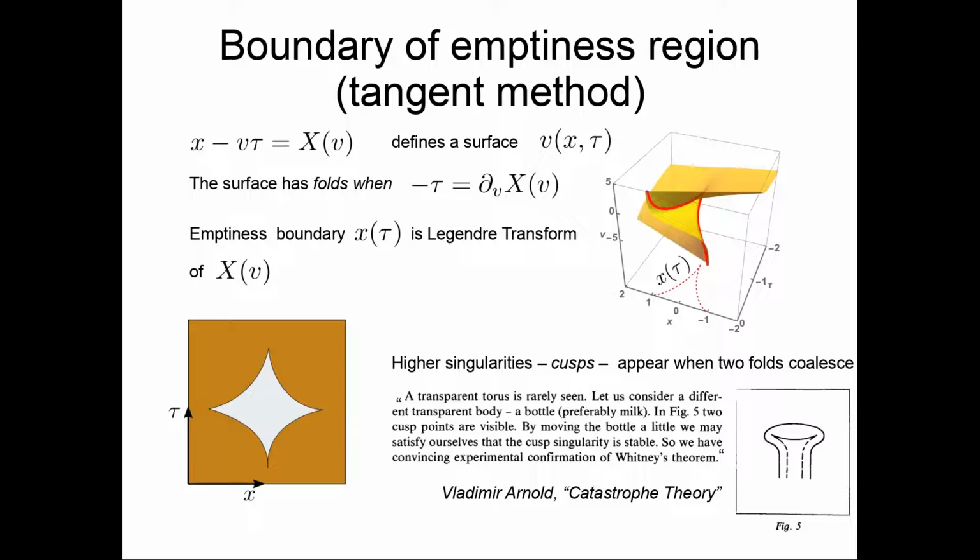One is the 1 parameter family of straight lines, and one looks at the envelope of these lines. Or in other words, this equation can be seen as a surface of velocity as a function of x and tau, and this surface has a singularity if one looks from above.